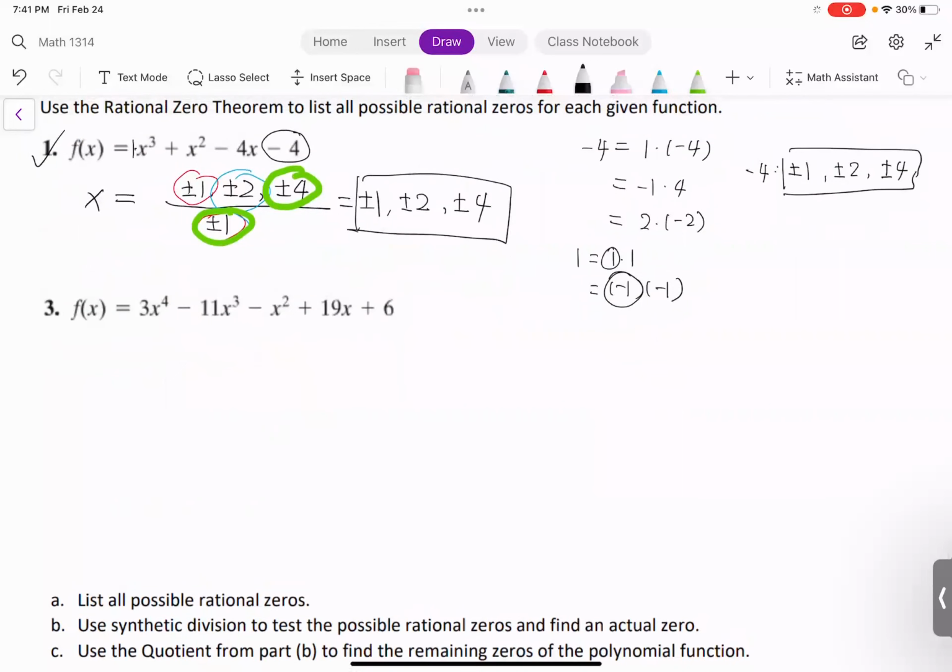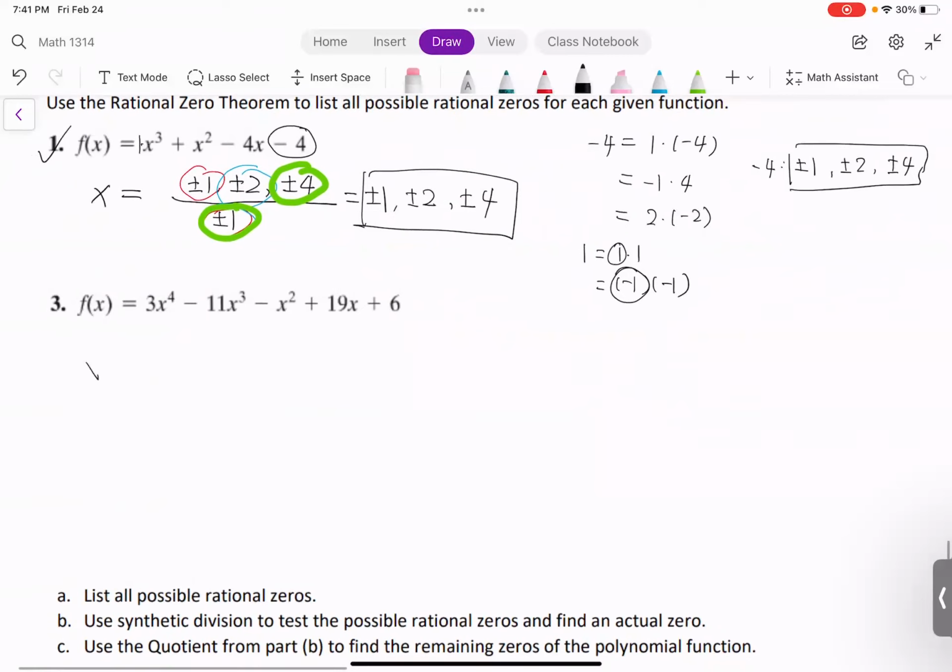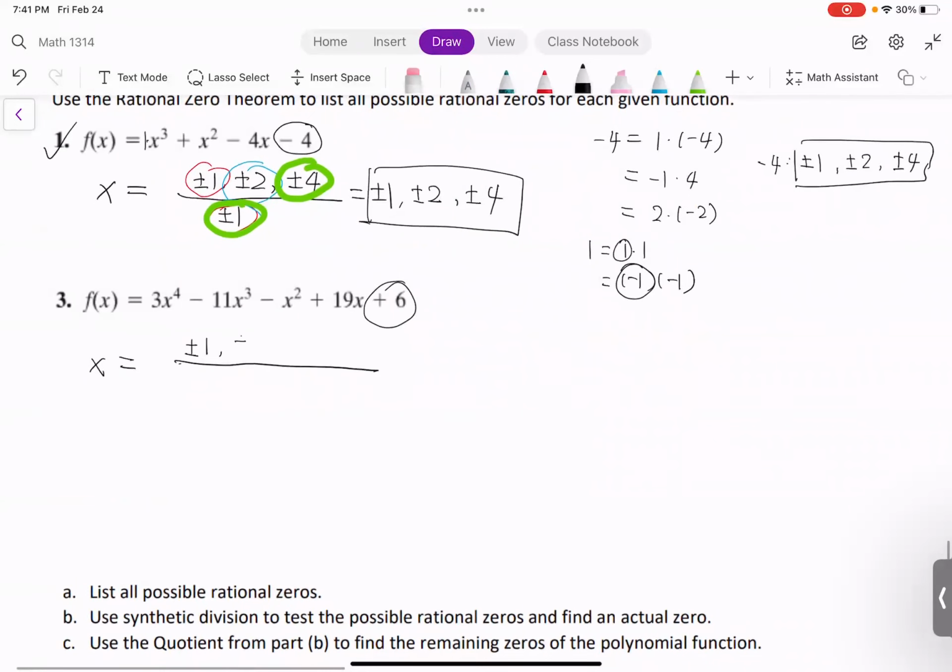Let's find all possible rational zeros for the function f of x. All the factors of 6, that's the P. So we can find them: positive or negative 1, positive or negative 2, positive or negative 3, positive or negative 6.